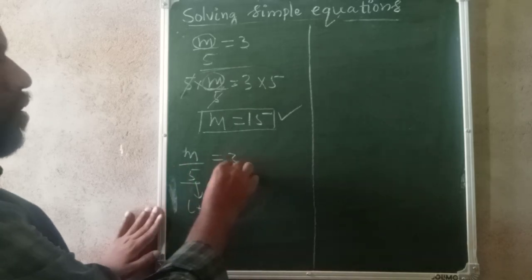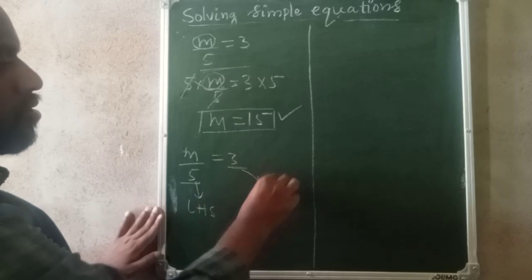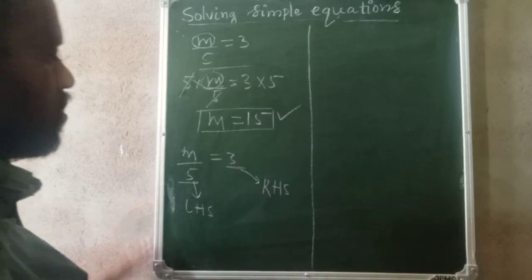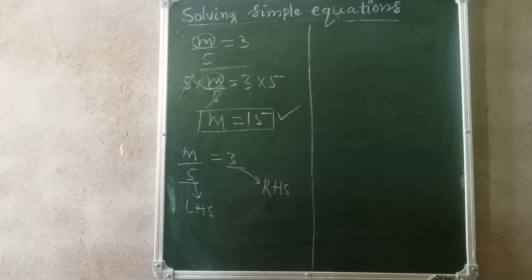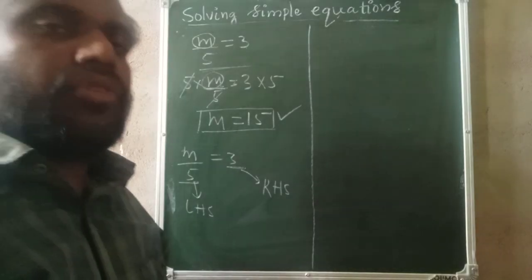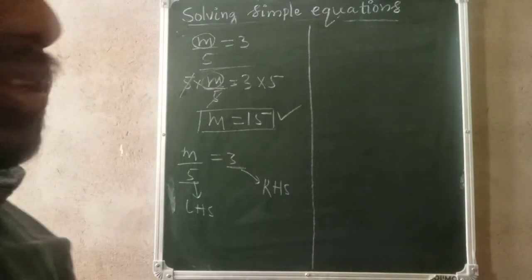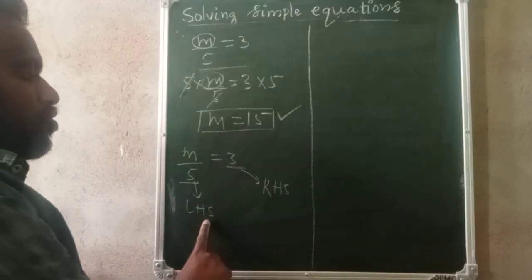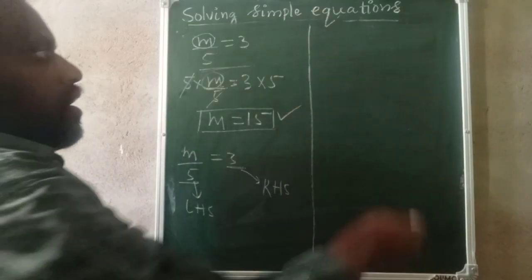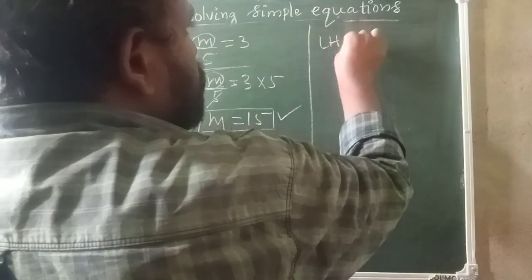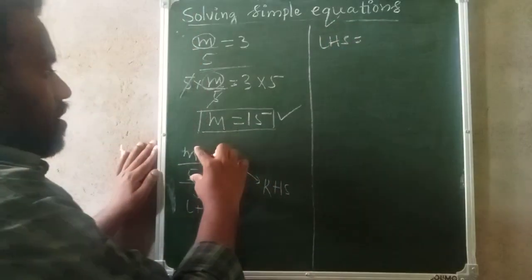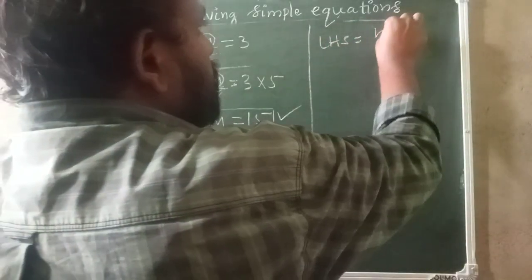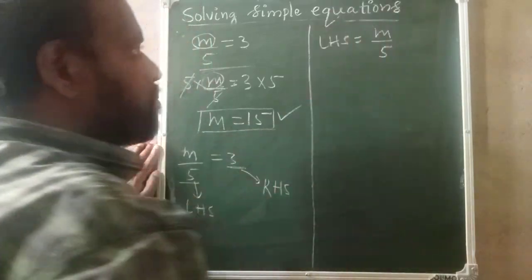Whatever is after the equal sign, that is RHS. Now check which side the variable m is present. The variable m is on this side, that means LHS. So you have to take LHS. LHS is equal to this entire thing, m by 5.